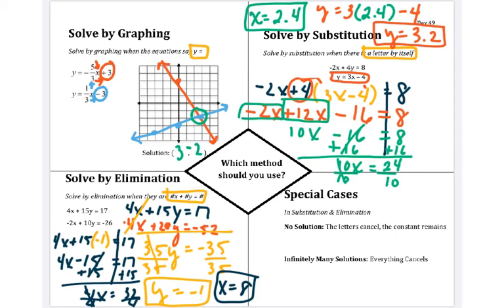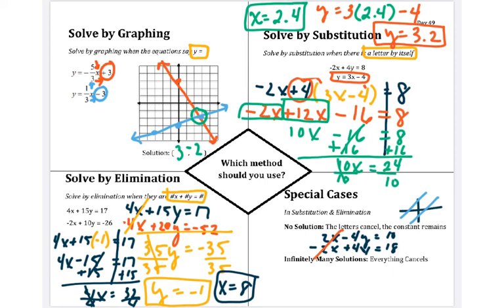So then the last thing that we learned is when we have no solution, if we were to graph that, that means that these lines would not touch. That's what no solution means. What it would look like in an equation is something like this. So if we looked at this example here, my x's cancel. 2x minus 2x, they go away.